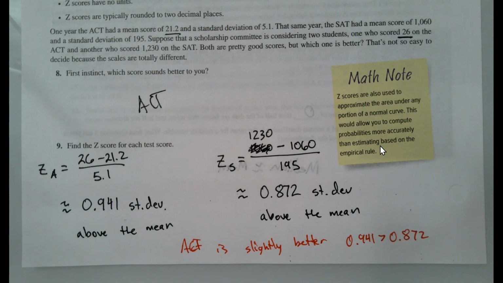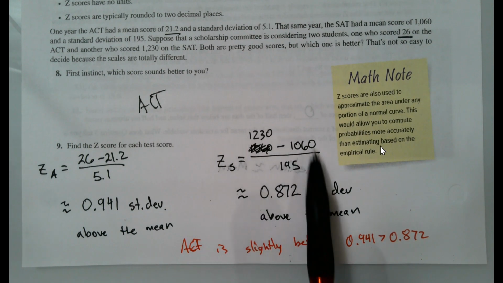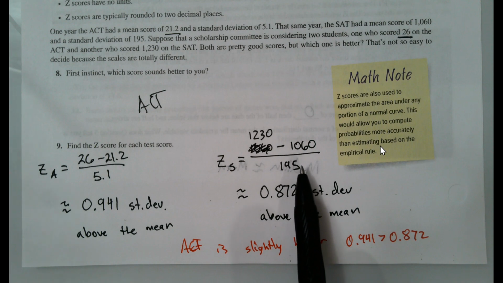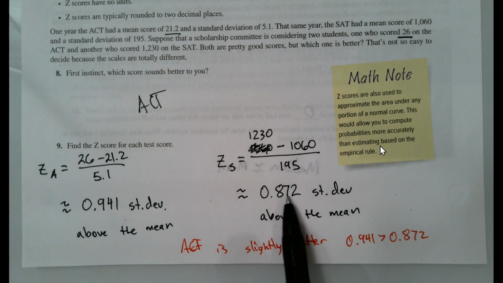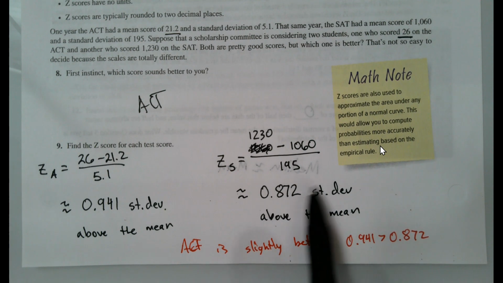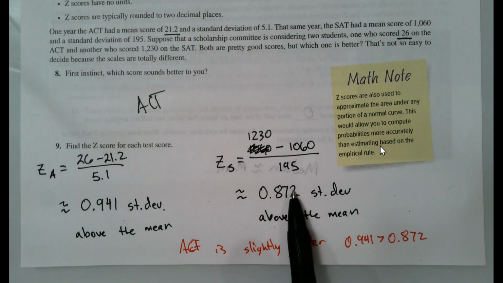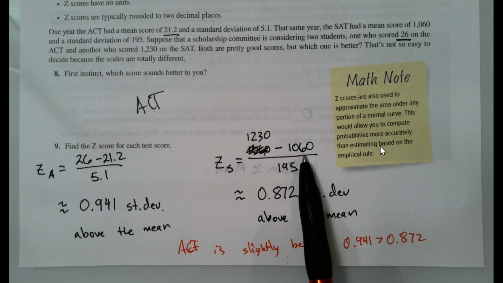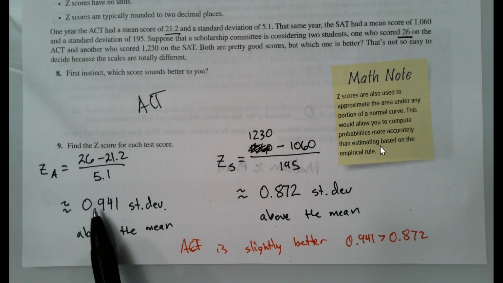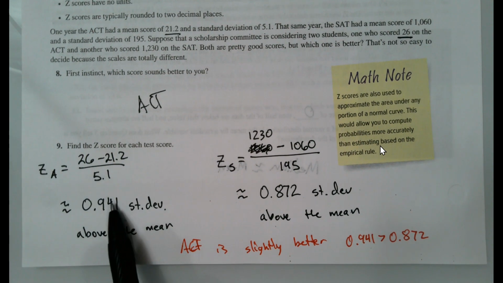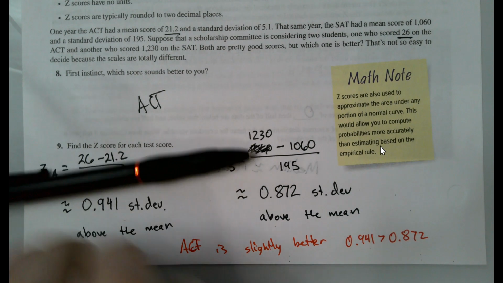They're not widely different. They're both pretty close. The other thing to note is that relative to all SAT test takers, this student was just 0.872 standard deviations above the mean. They're just a little bit better than the average test taker. And the same thing here, this ACT student is just a little bit better than the average test taker. Not even 1 standard deviation above the mean.